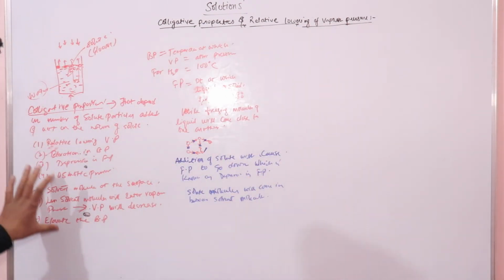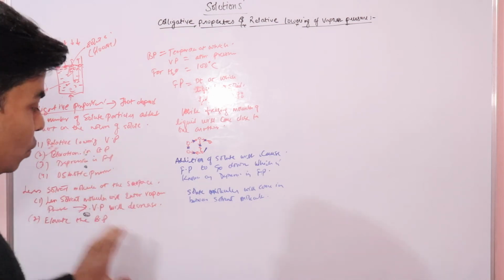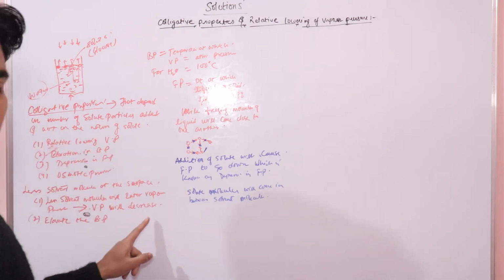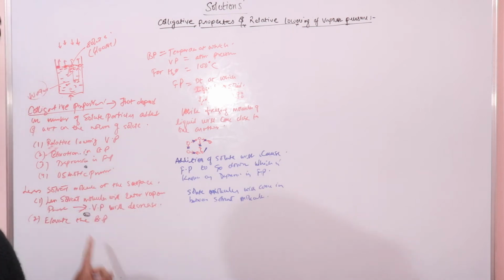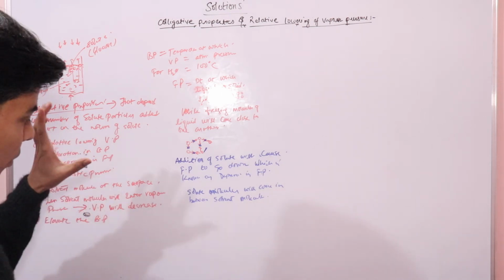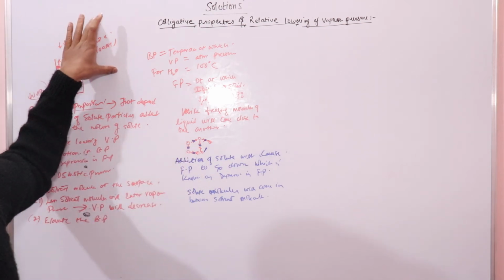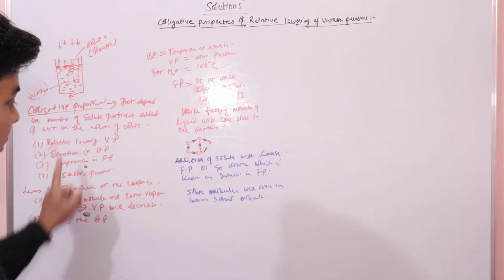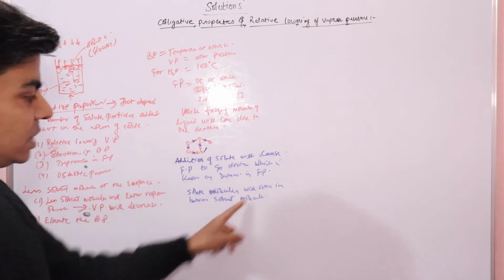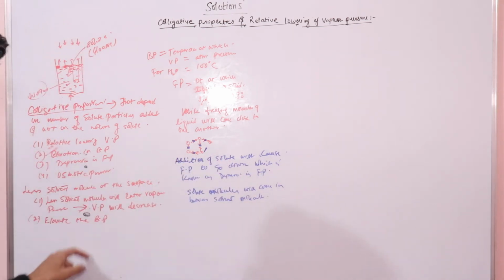These two properties, depression in freezing point and elevation in boiling point, are colligative properties. Why? Because these properties depend on the solute added. Due to this solute added, the freezing point has gone down and the boiling point has gone up.